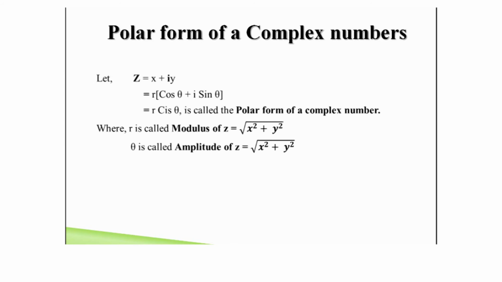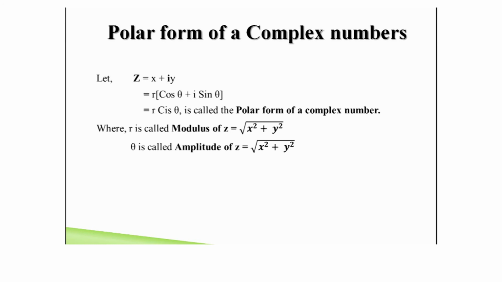What does r represent? r is equal to modulus of the complex number, and that is equal to square root of x square plus y square if you take it in terms of x plus iy, or r is also equal to root of a square plus b square if you have taken a complex number z is equal to a plus ib, and theta is called amplitude or argument of the complex number, and the argument is defined as theta is equal to tan inverse of y by x.